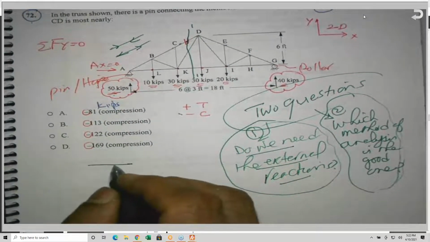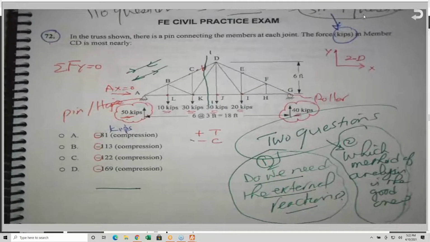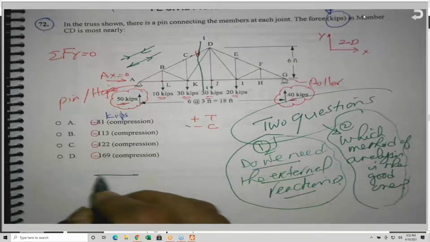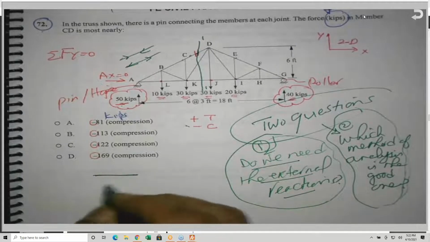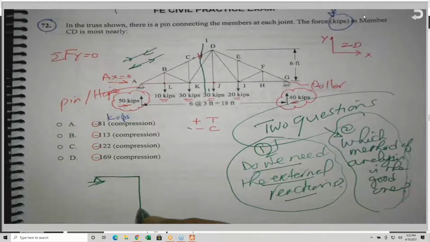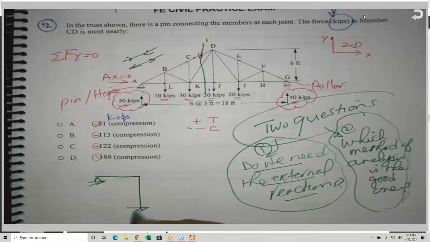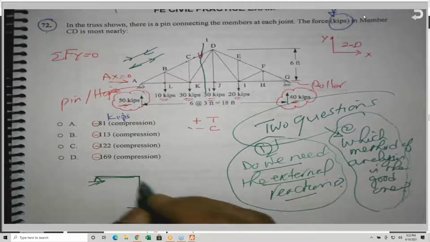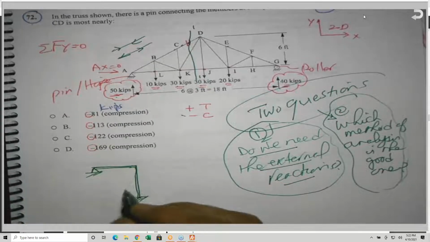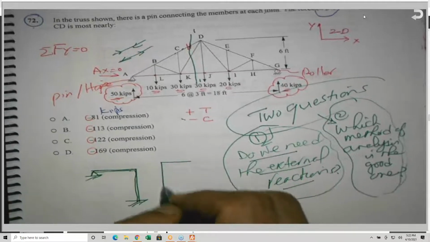Our friends ask what's the difference, or can we assume a truss and a frame are the same? No. A frame consists of beams and columns, like this. This is a frame. A very simple frame. Buildings consist of frames.